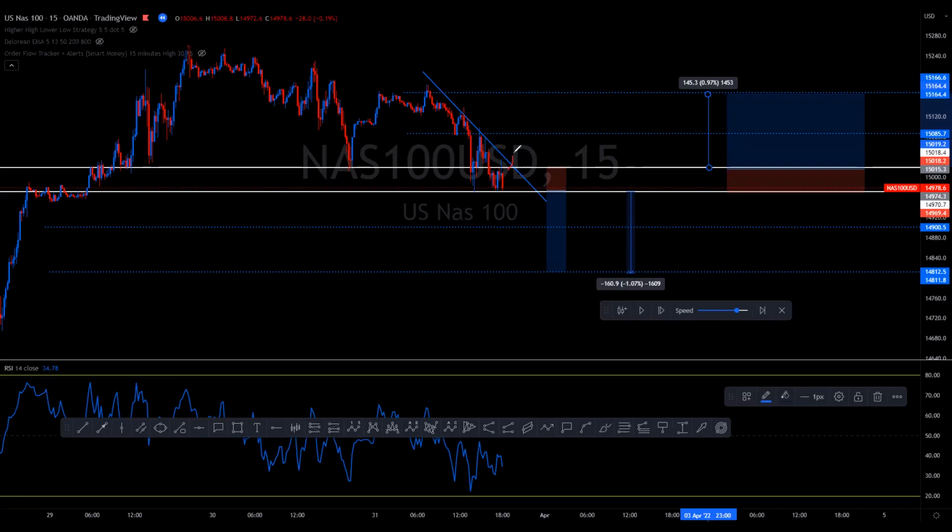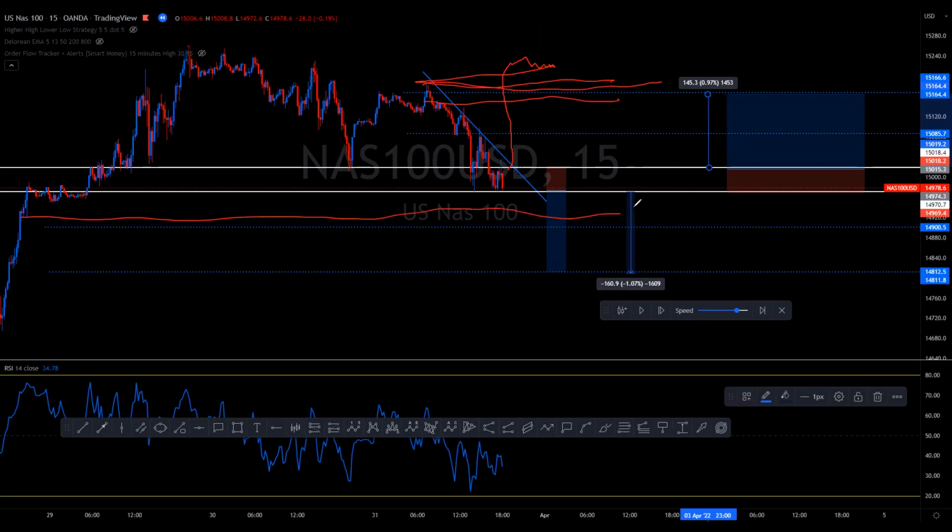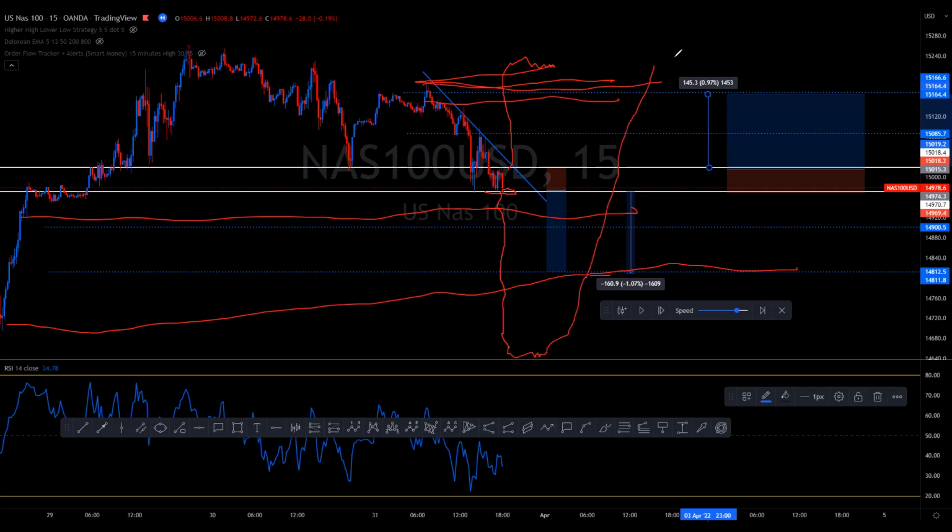Because they could drive price all the way up and go through the trouble to fill the rest of this imbalance gap that resulted from this point all the way up to here, or they can make their money back faster by filling this imbalance gap from here all the way down to here. I'm thinking it's going to be a whole lot easier for them to drive price down, fill this imbalance and make their money back, and then start worrying about the next imbalance gap, which is up here. That's what I'm thinking.